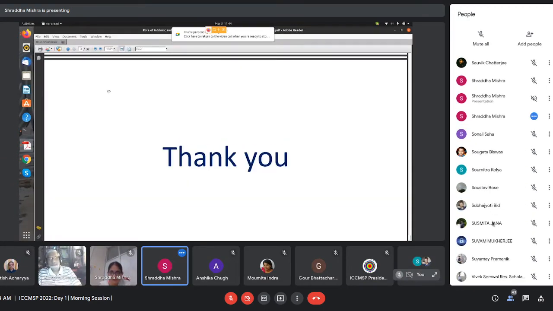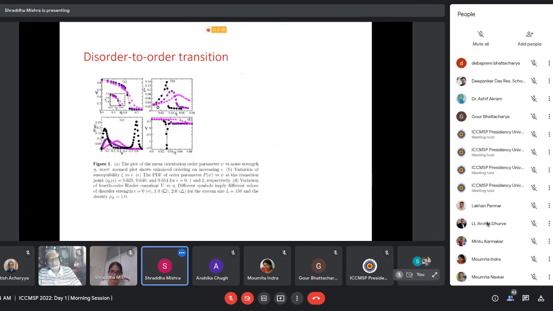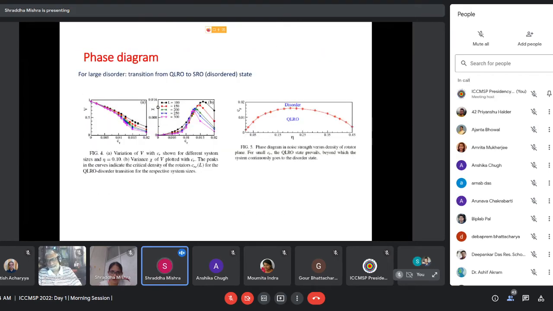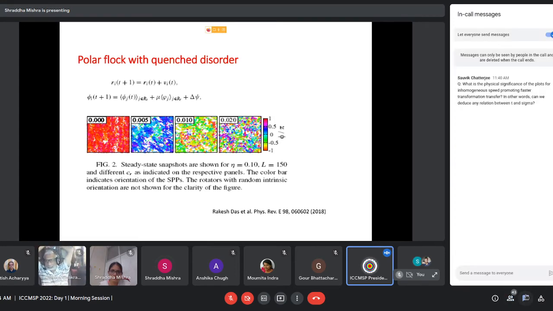You just stop me when I'm on that. This one? Yes, probably, because these are the steady state snapshots, right? And the question indicates the steady state snapshot. Yeah, this is in the steady state.